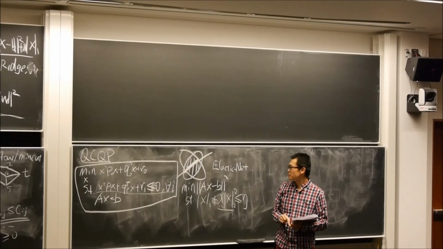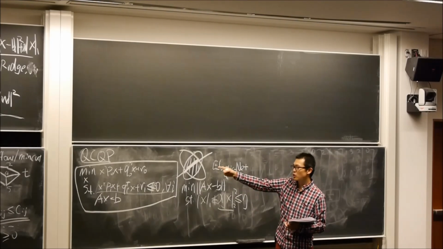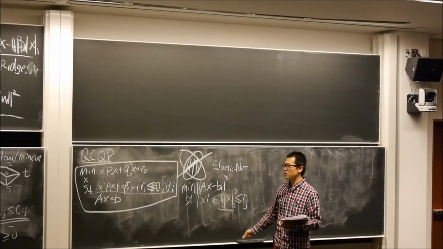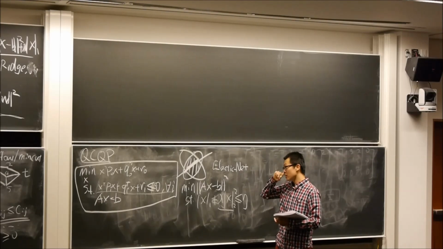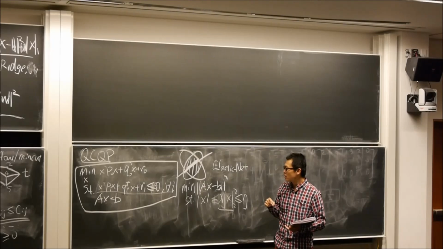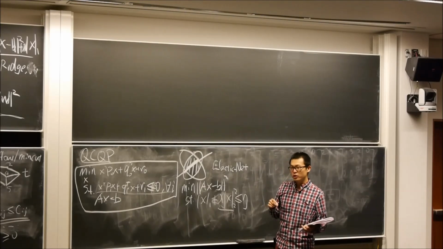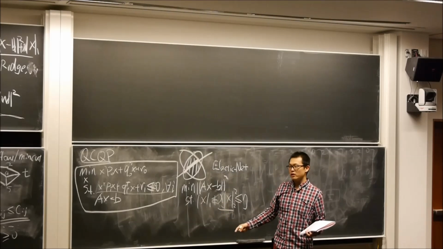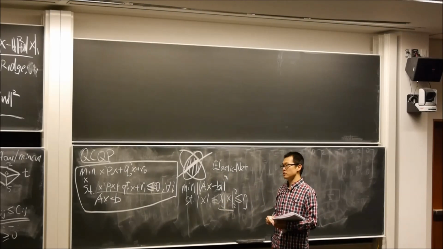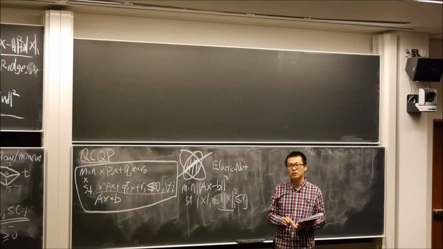But as I will show later, this QCQP is just a special case of second-order cone programming, and second-order cone programming is more useful than simply this. And you can use a second-order cone programming toolbox to solve QCQP too.